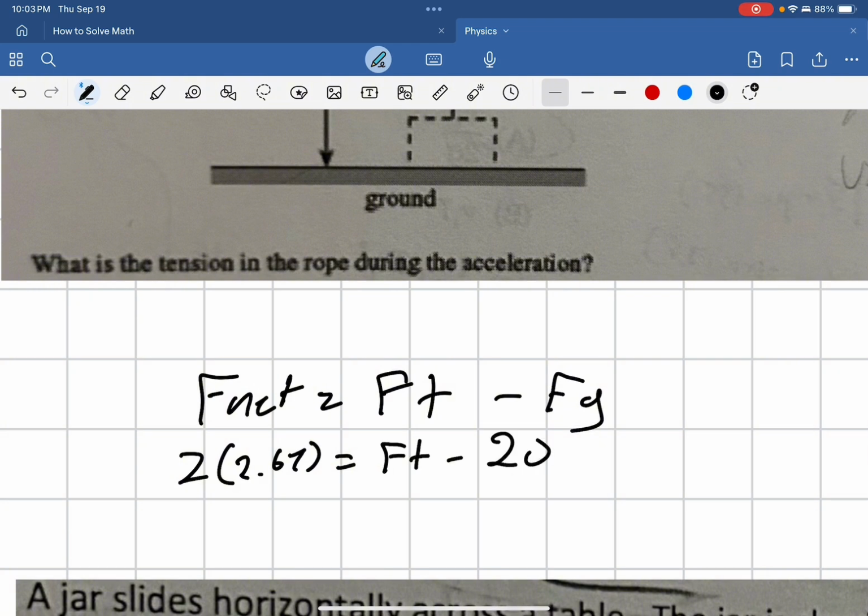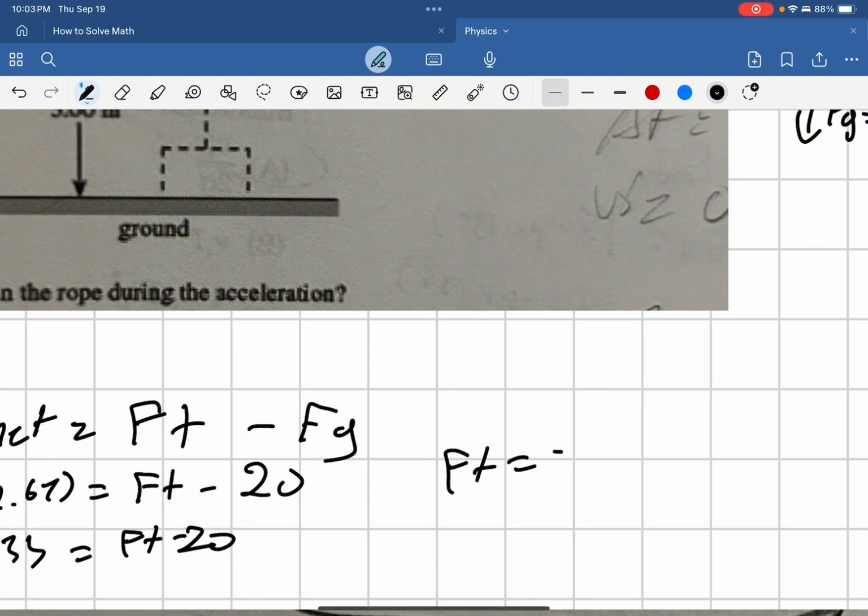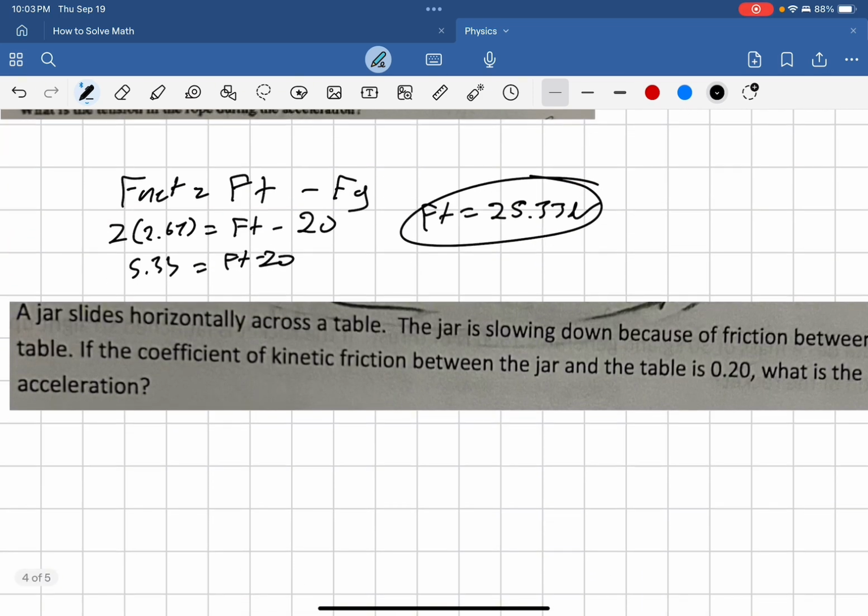Multiply that out by 2, and it's around 5.33, equal to F of t minus 20. Add 20 to both sides to get F of t equal to 25.33 newtons. There you go. Moving on to the next one.